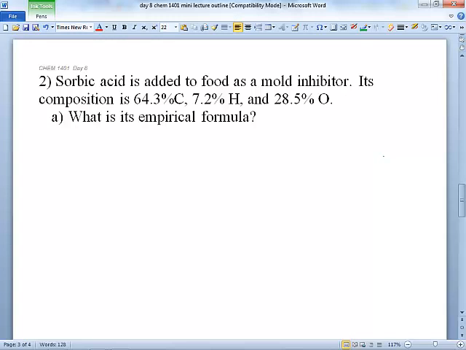So the first thing you do, convert. Just change those little percents to grams.